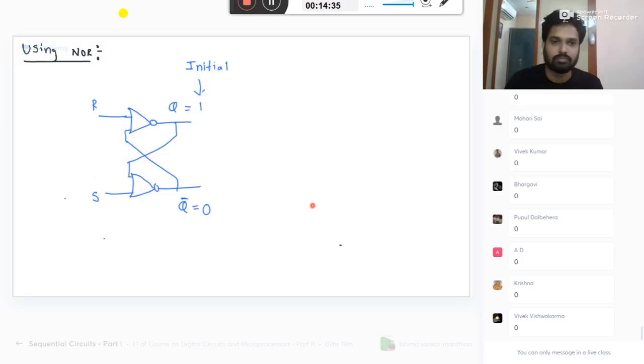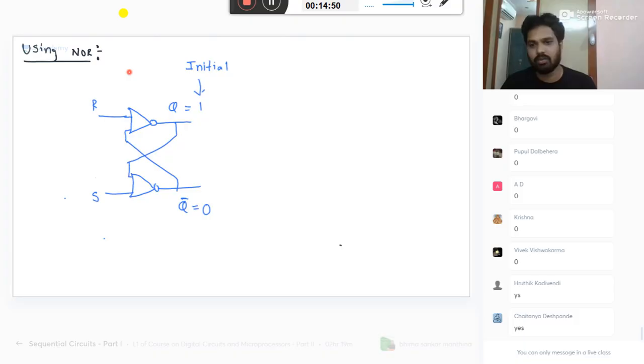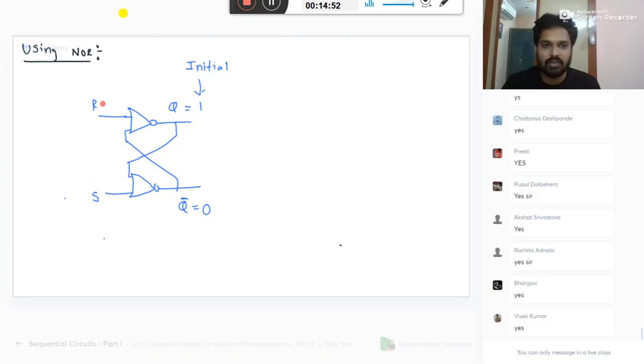Now let us do the analysis using the NOR gate. For the NOR latch, S and R can be 0 0, 0 1, 1 0, 1 1. Different cases are possible. Will you accept it or not? Okay, so let me start with S equal to 1, R equal to 1.